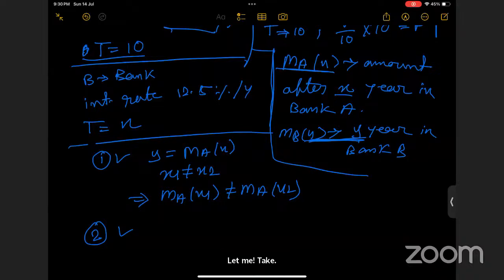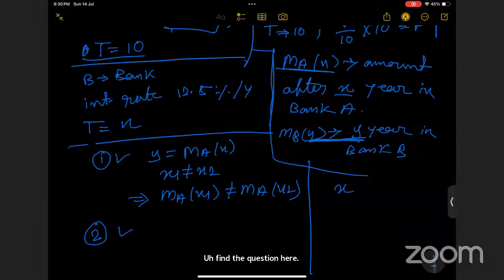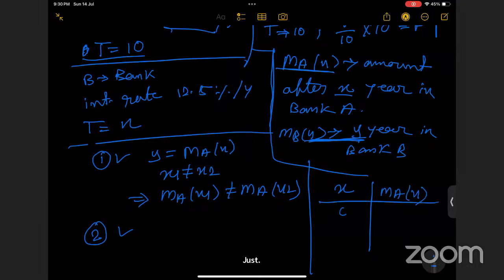MA of 12 means after 12 years, what will be the amount, right? So for this, we should find the equation. If we just create a graph, when x equals 0, our amount is P, right?